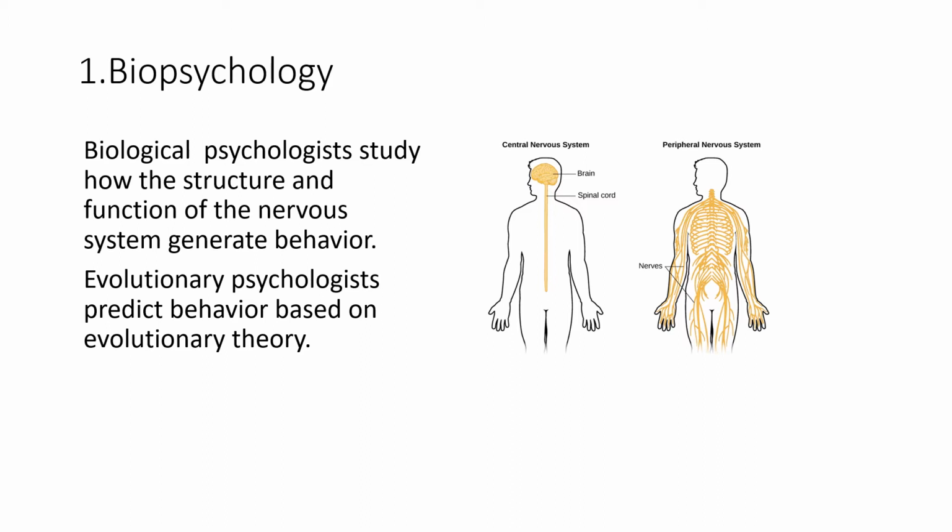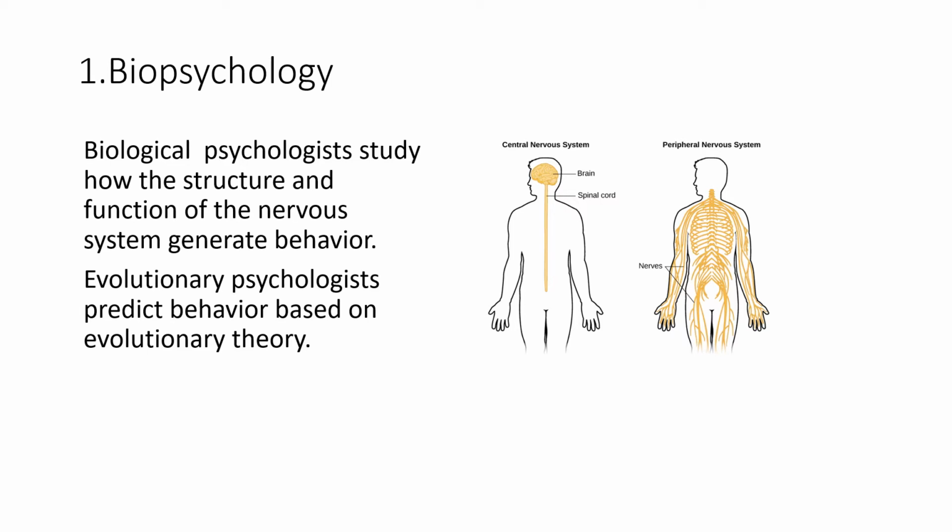The evolutionary psychologist is going to focus on how behaviors are explained through the lens of survival and reproduction. In other words, what behaviors might we engage in that are going to be promoting survival and reproduction? And how can we explain behaviors through those lenses?